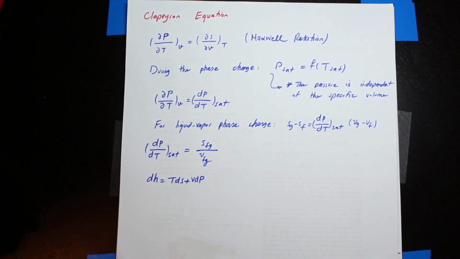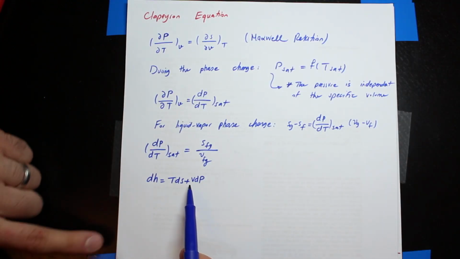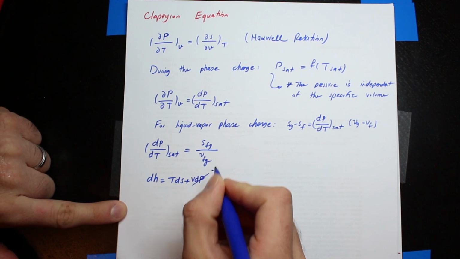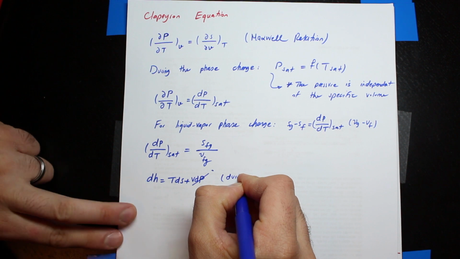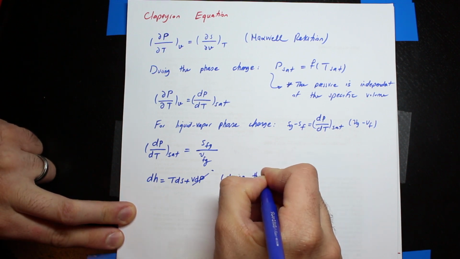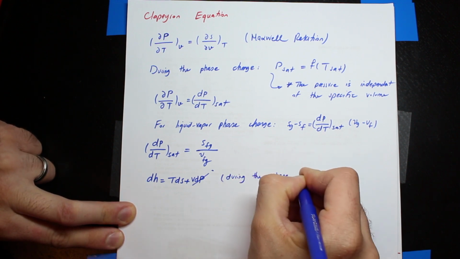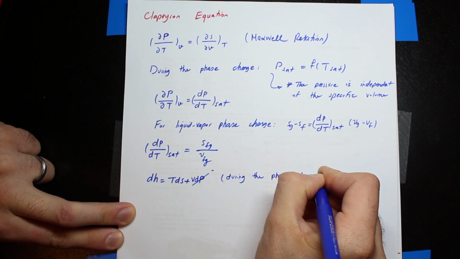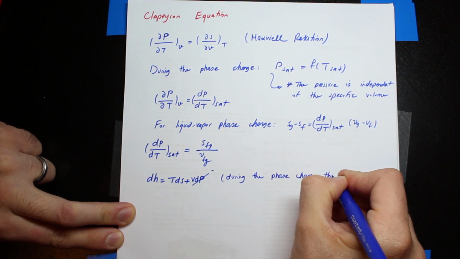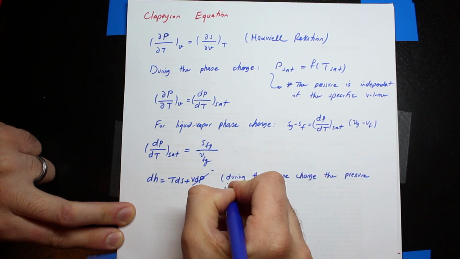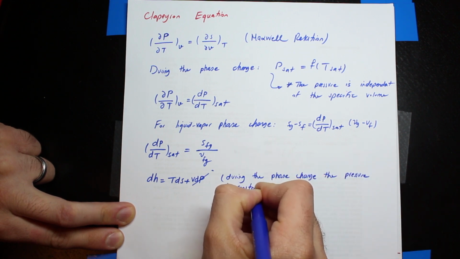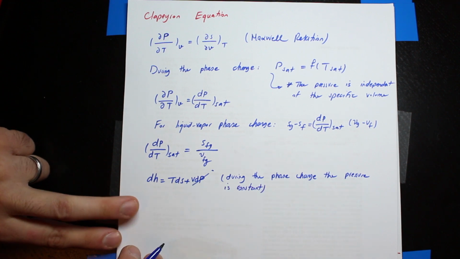But during a phase change, the pressure doesn't really change. So during the phase change, the pressure is constant, so our dP is equal to 0.